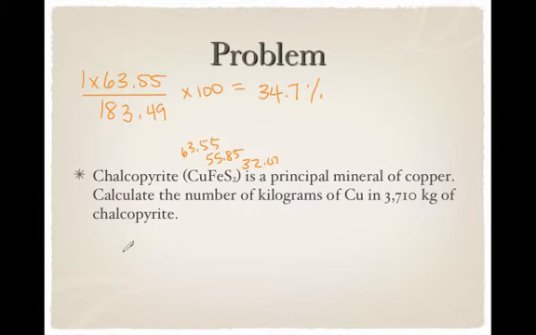So what would we do? Multiply them. Do I take 34.7 times 3,710? No. How do I do that? 0.347 times however much of the compound I have.